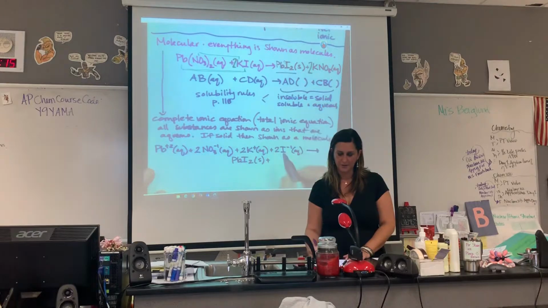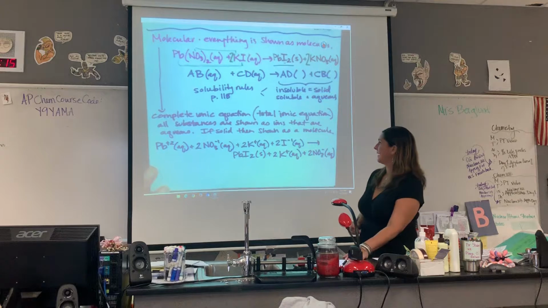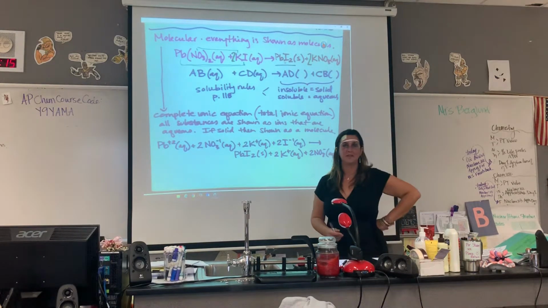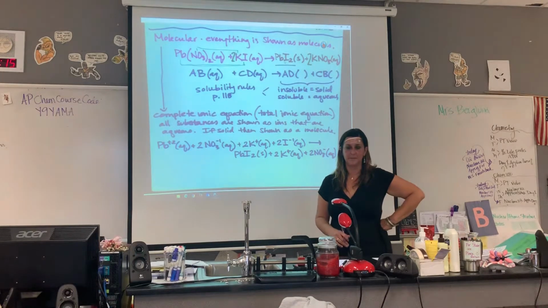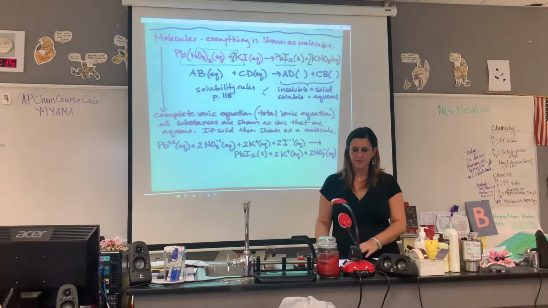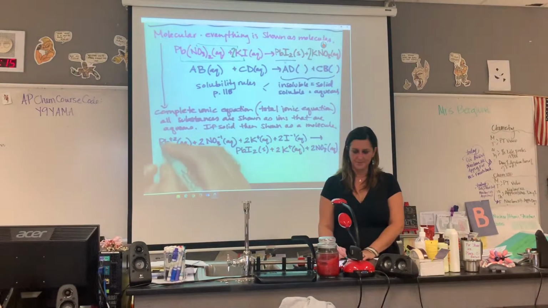And then we would show our 2 potassiums, aqueous, and our 2 nitrates, aqueous, just like that. So you can see that the total ionic equation is quite a bit longer than a molecular equation to write. So that takes a little bit longer. Okay, so that's a complete ionic equation.